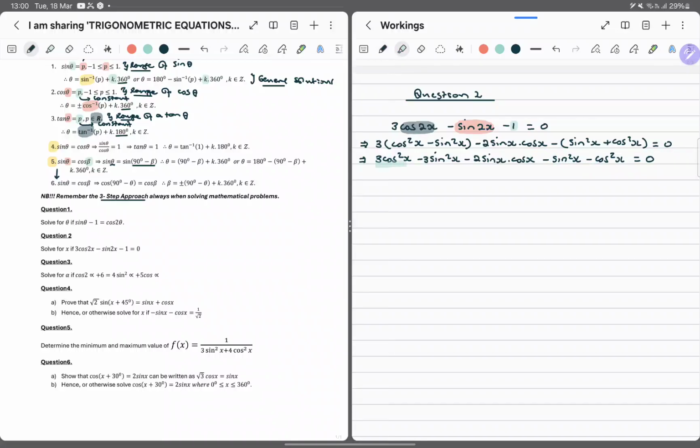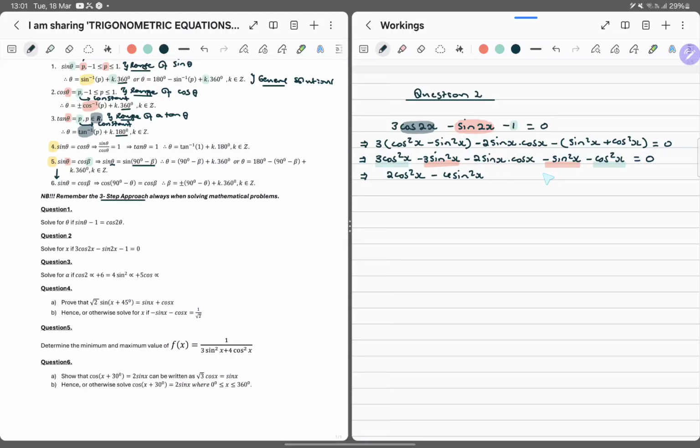Now we've got like terms. This and that are like terms. So we sort it out. 3 cos squared x minus cos squared x is going to be 2 cos squared x. And then we have like terms again: minus 3 sine squared x minus sine squared x is going to be minus 4 sine squared x.